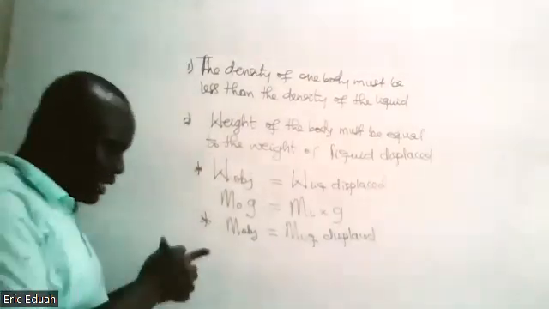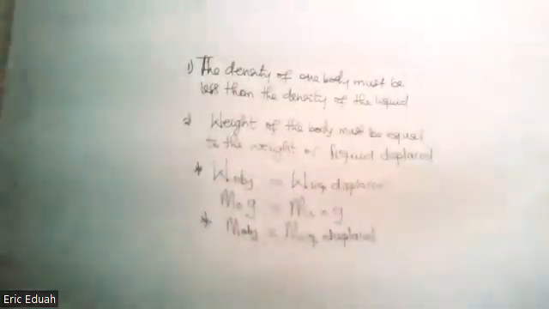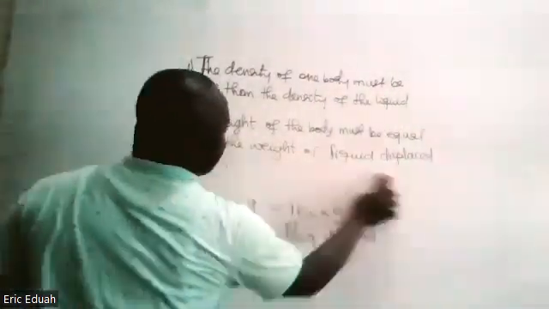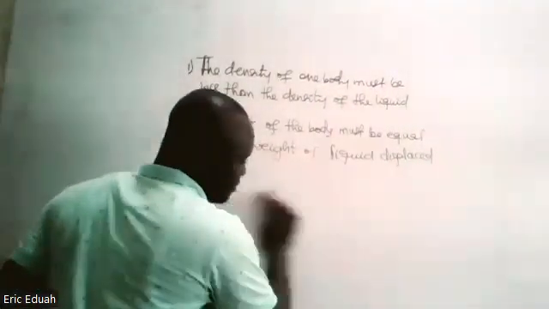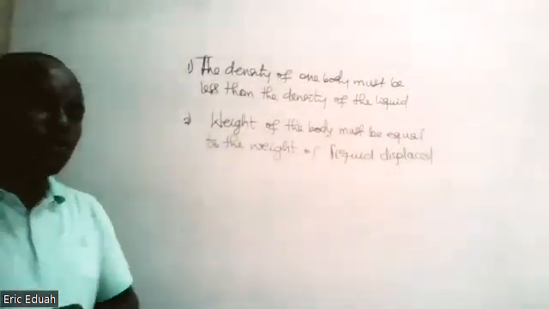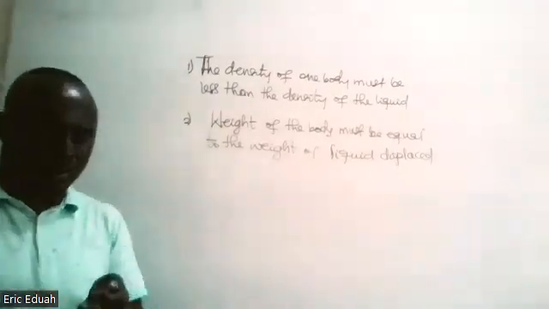Let me take the second condition again. The second condition is that for a body to float, the weight of the body must be equal to the weight of the liquid the body displaces.